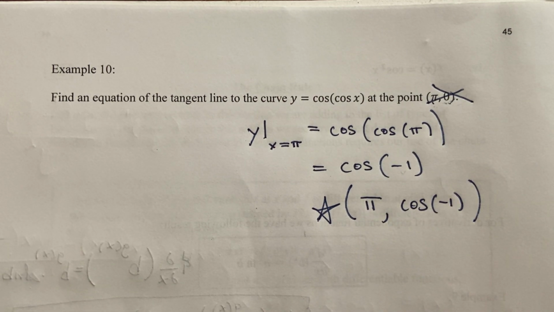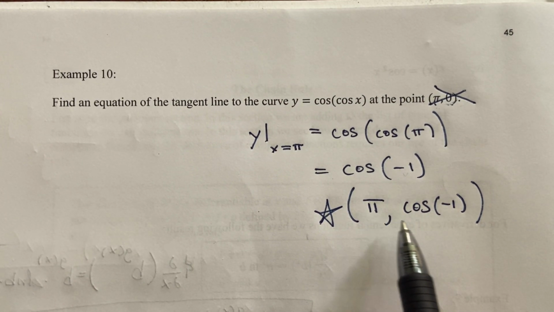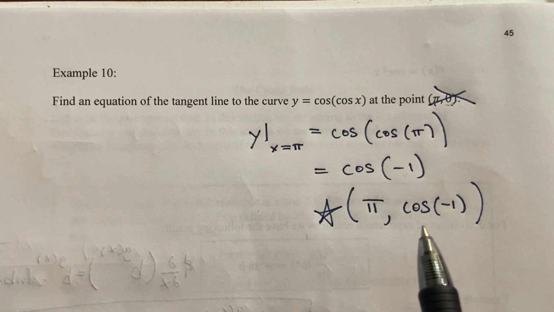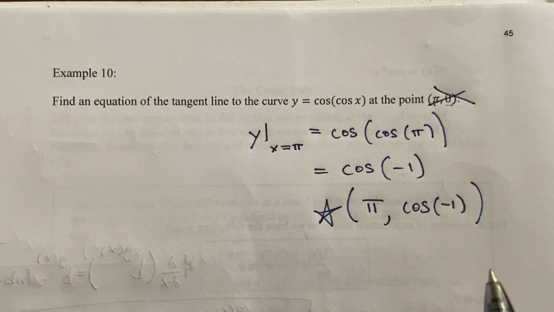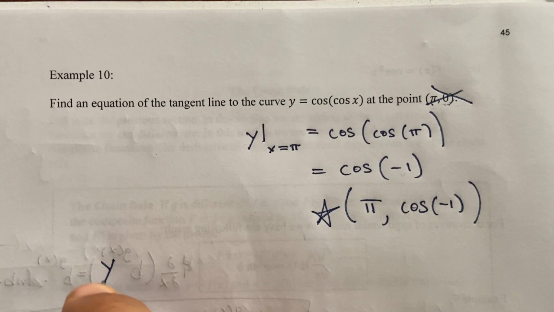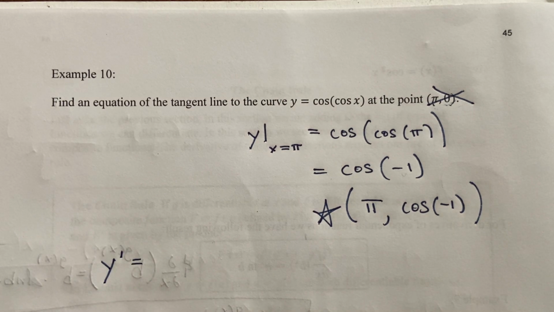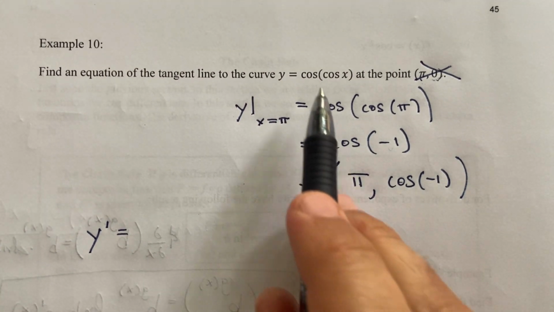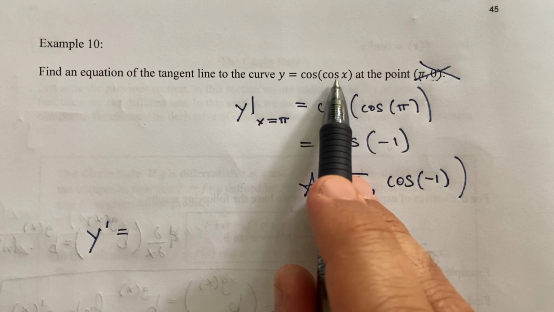So for the tangent line, we need the slope and a point. This is our point, so we just need the slope. The derivative is the slope to the curve at any point you want, right? Derivative slope, slope derivative. That's a connection I'm really encouraging. So we need to find y prime to find the slope. Y prime, we have cosine of cosine of x.